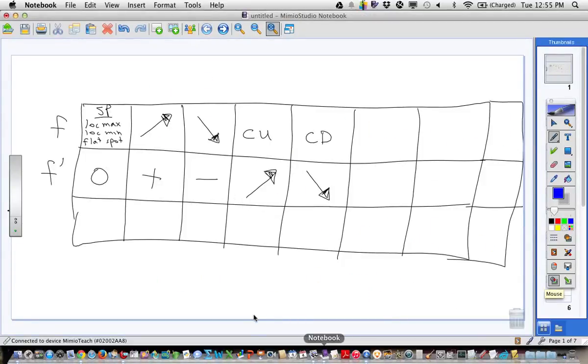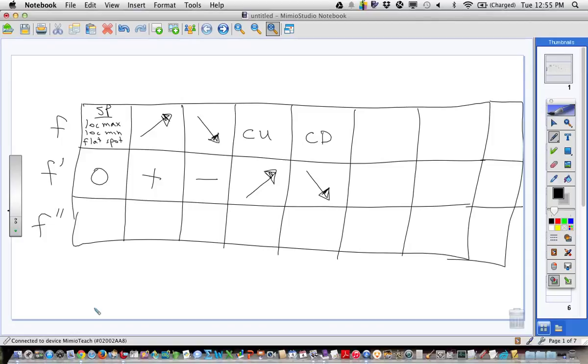Now, let me see, how do I want to do this? Okay, I better do it up here because we got people. Okay, so now, here's what this is going to look like. Obviously, you may already know that on our chart, this bottom row is going to be F double prime. Okay, so we got F prime, we got F double prime.